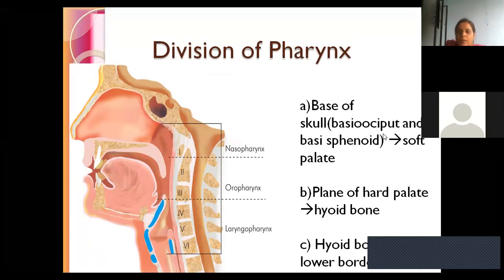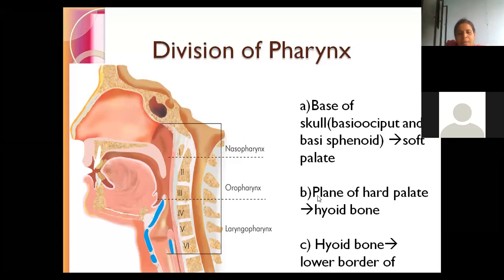As Kirti was telling us, this area is for sphenoidal air sinus, and this whole area is called basi-occiput. Then what is this bone?